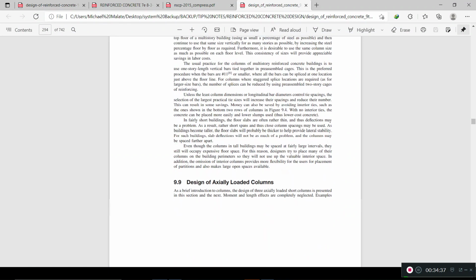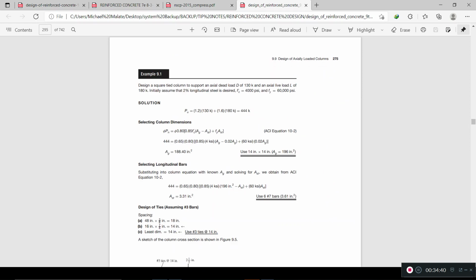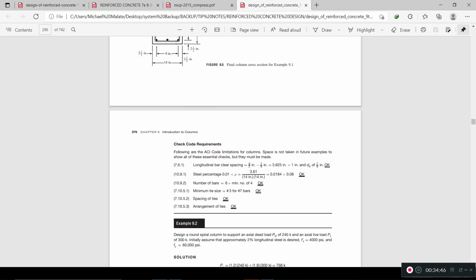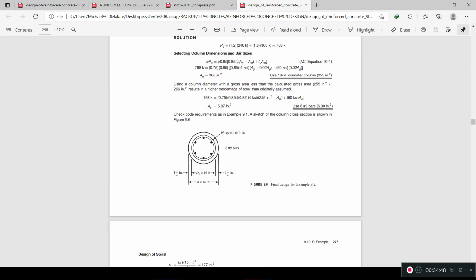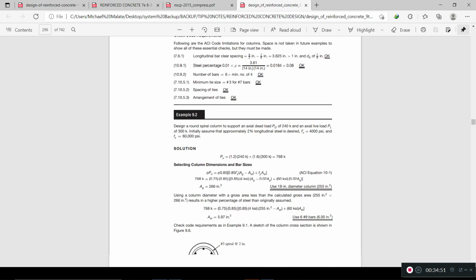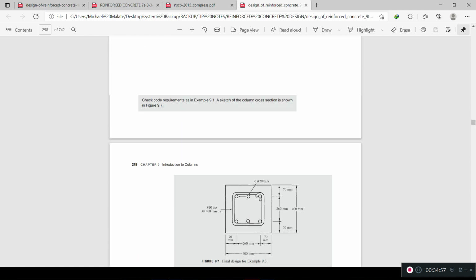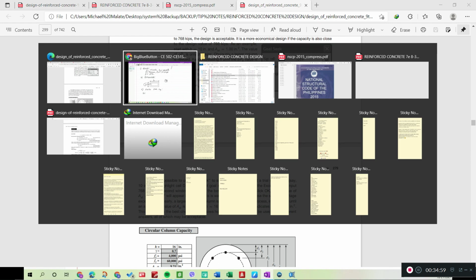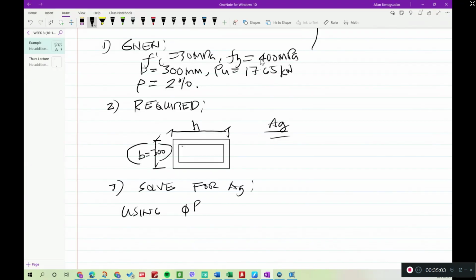Whether this one is given or not, you have to solve for the gross area.